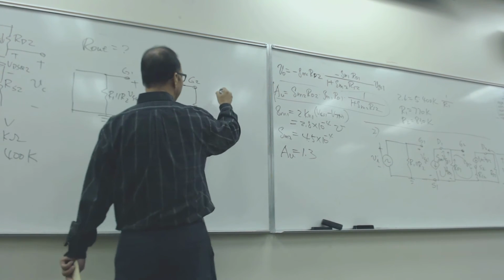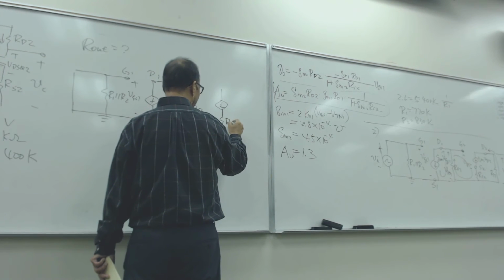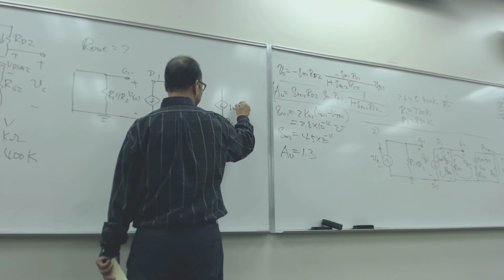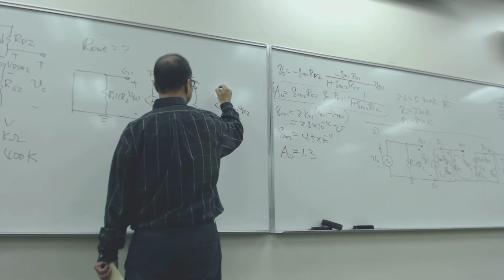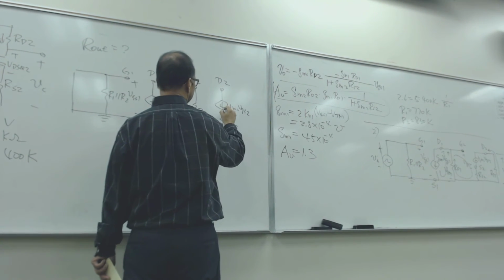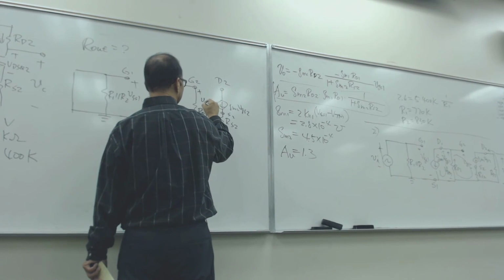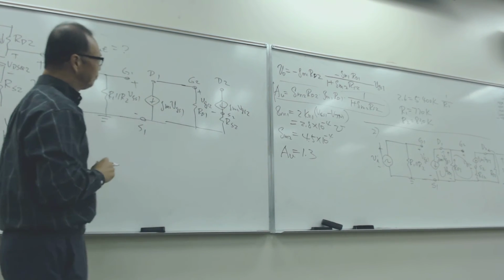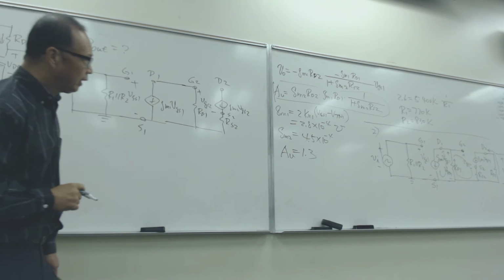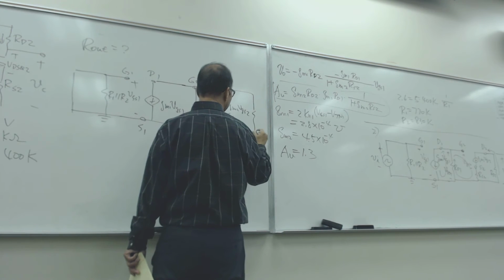And then you have this guy, RS2, GM2, GS2. Yes? Correct? Okay. What else? And then you have RD2 to the ground.